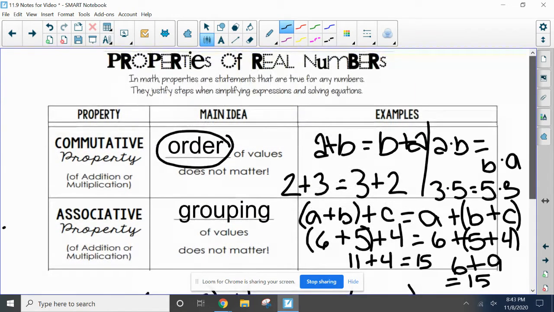So the associative property and the commutative property are the two that I see mixed up the most. The way I remember is that if you think about the associative property, you think about your groupings. Associative sounds a lot like association, a big fancy word.